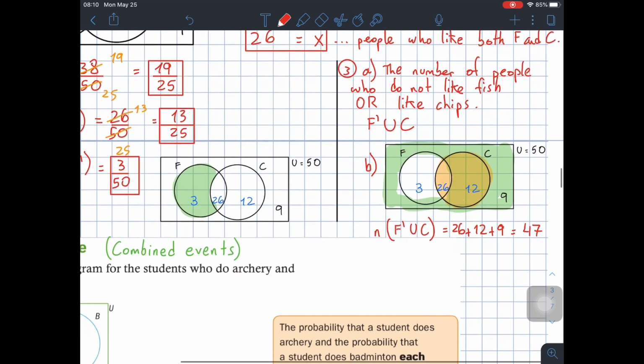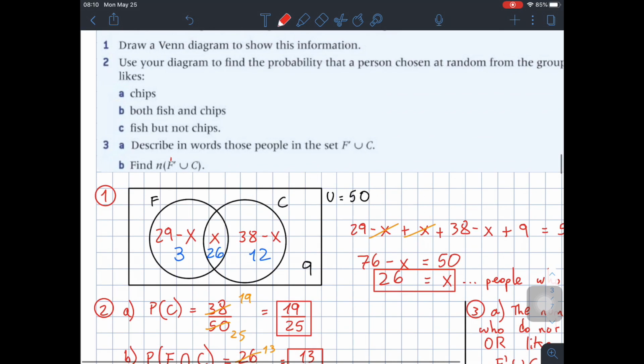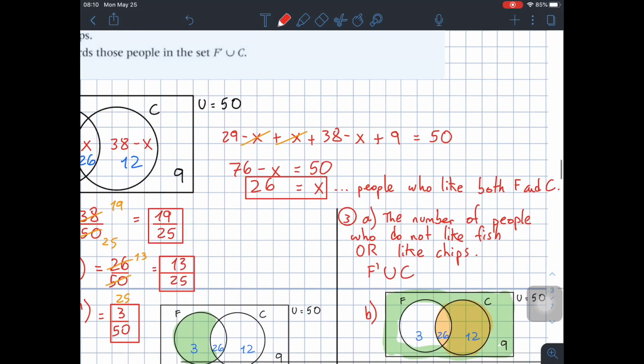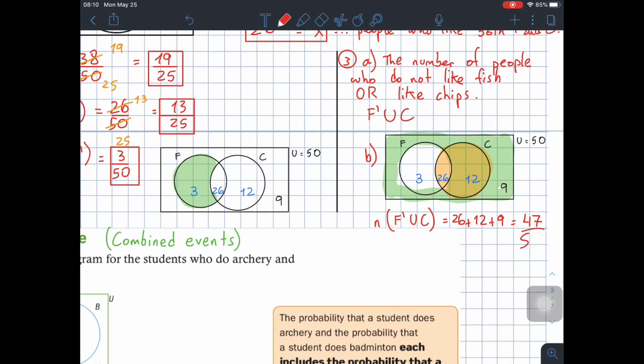Okay, and that's it. We're not asked to find the probability. If we were asked to find the probability, then it's this divided by 50, right? But since we're not asked to find the probability, just the number of people, then the answer is 47.